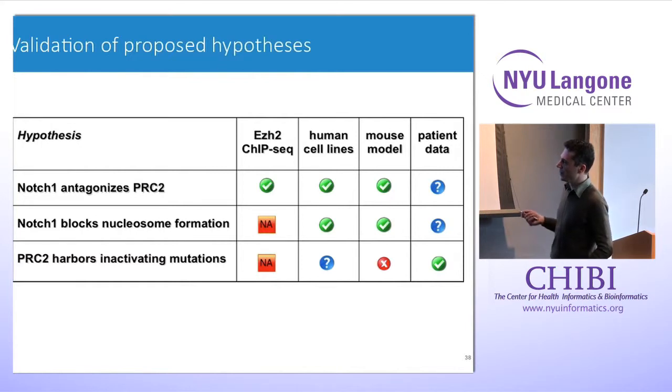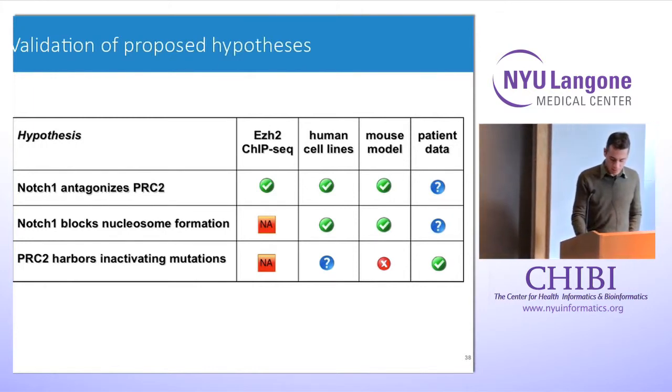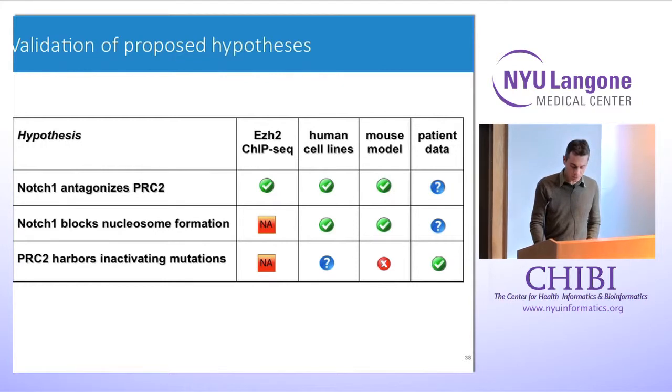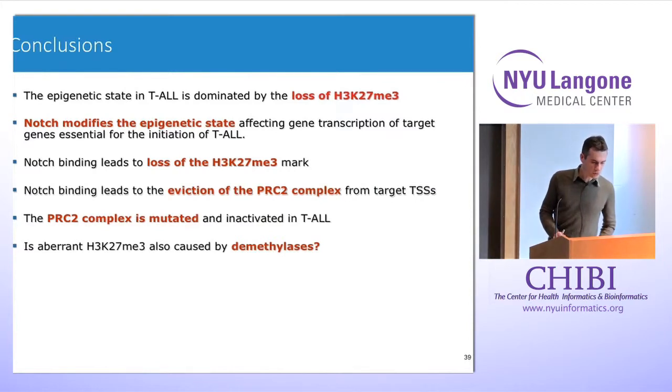Maybe it's not exactly just evicting EZH2, but maybe evicting the nucleosomes, so he had some data on that. And again, as I just mentioned, Dr. Ferrando's lab found that 25% of patients had inactivating mutations in EZH2, or other PRC2 members in T-ALL. So that concludes the first part of the talk.